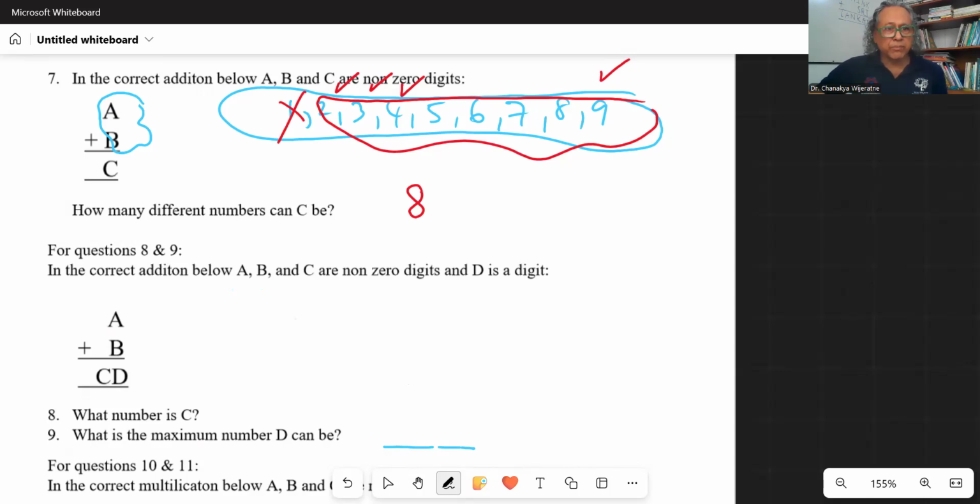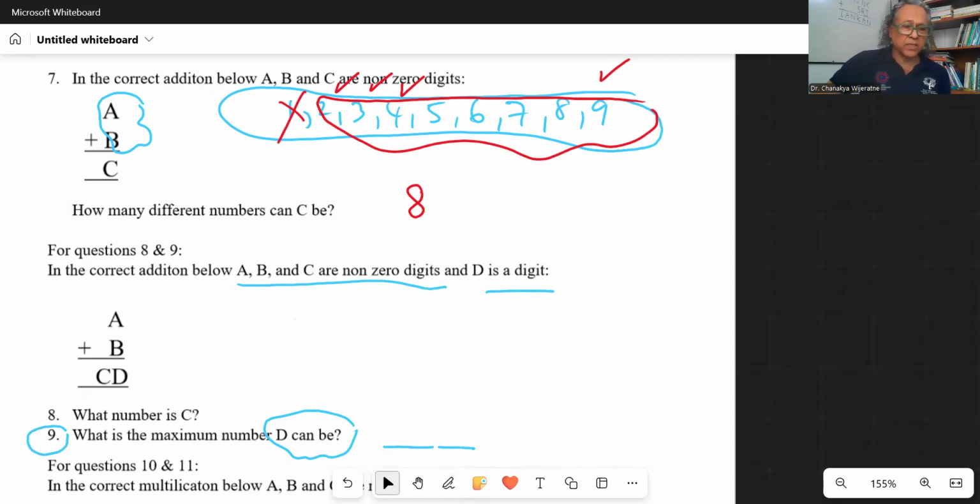In the correct addition below, A, B, and C are non-zero digits, and D is a digit. What's the maximum number D can be? So that's the question, right? Number 9, we start from number 9 and go until 16. If A, B are non-zero digits, then the maximum A can be is 9 and B can be 9.